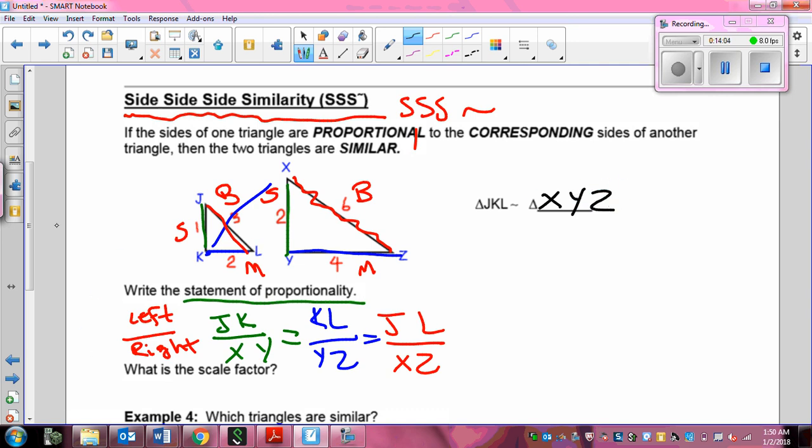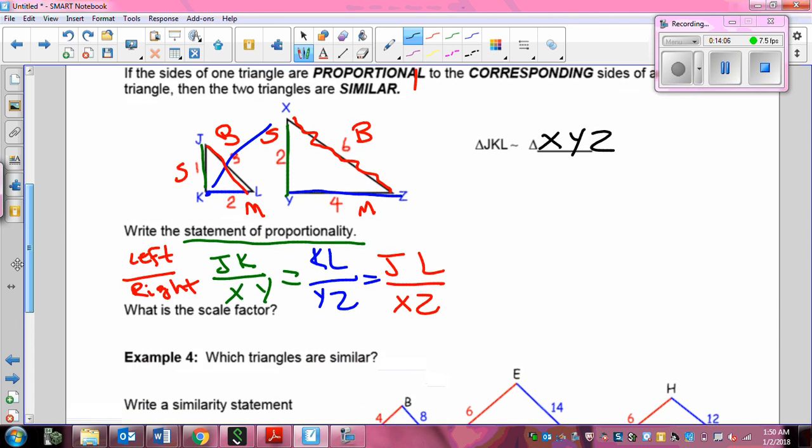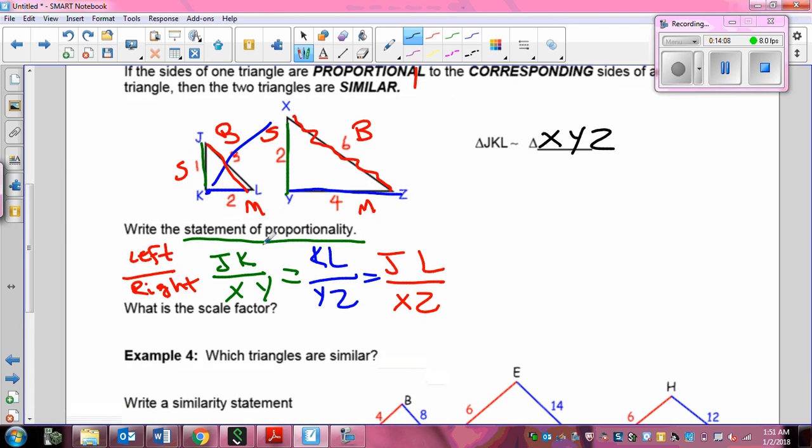Okay, what is the scale factor? I need all of them to be the same in order for it to be similar. So my small side, remember I'm always going to go left over right. My small side is 1 over 2. Is that equal to, I'm going to put a question mark above it, my medium side 2 over 4?